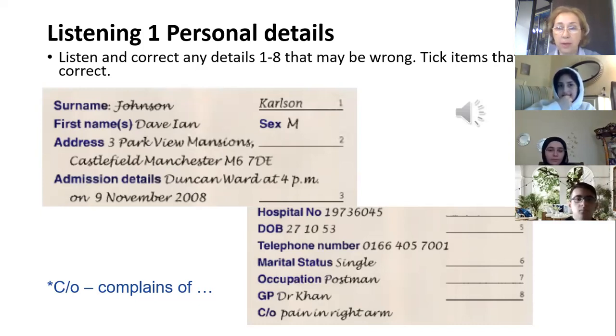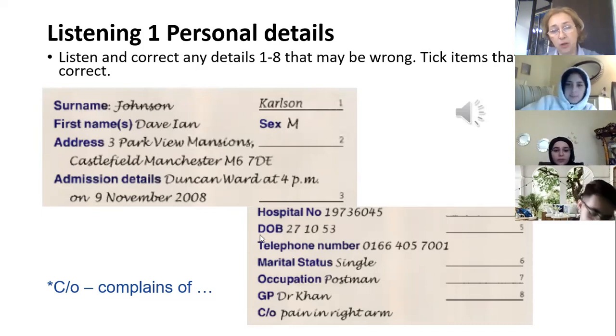If we have a look at this form, some basic information is given here, but we can also see some abbreviations. For example, the abbreviation on line number 5, DOB. What can it stand for? DOB. Any ideas?